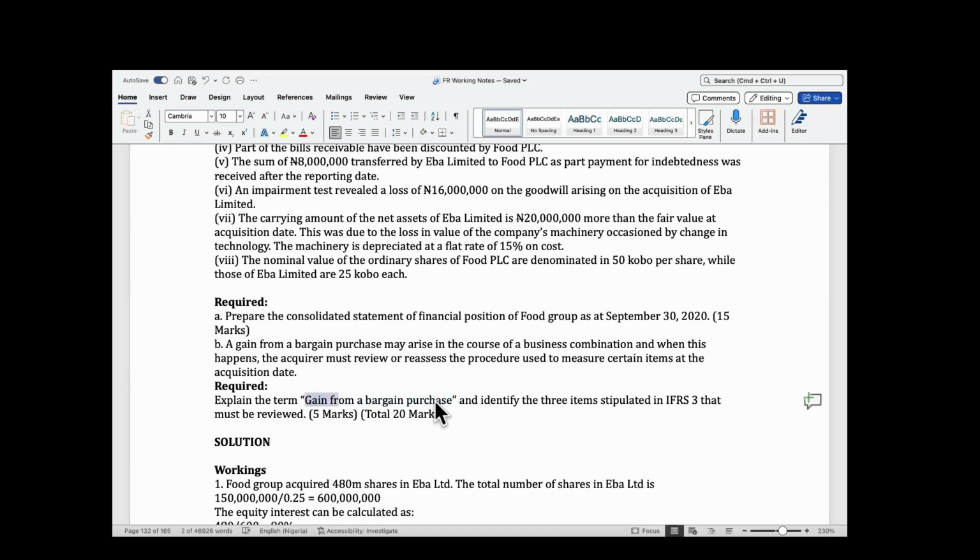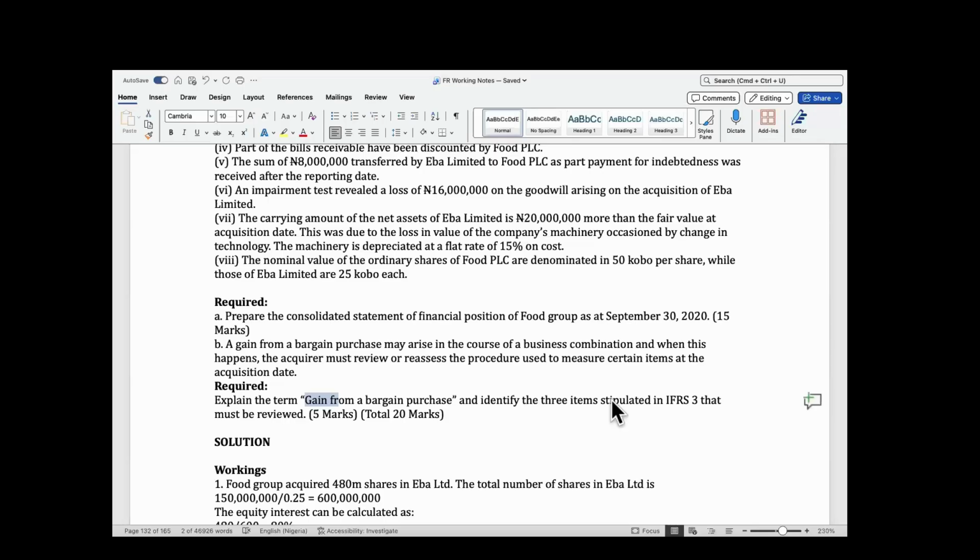It is rare. We don't expect that to happen, that our net assets acquired will be higher than what we are paying. Therefore, IFRS 3 requires that you reassess 3 items. Number one is the consideration transferred. Did you calculate it very well? Number two, you need to reassess the determination of the net assets, the valuation of assets and liabilities.